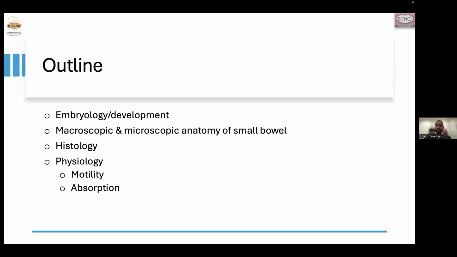So the outline of the talk will cover embryology and developmental aspects of importance. We'll go over the macroscopic and microscopic anatomy of the small bowel. We look at some histological aspects of the various segments of bowel, and then we'll talk a little bit about physiology, specifically gut motility, small bowel motility, and its absorptive function.